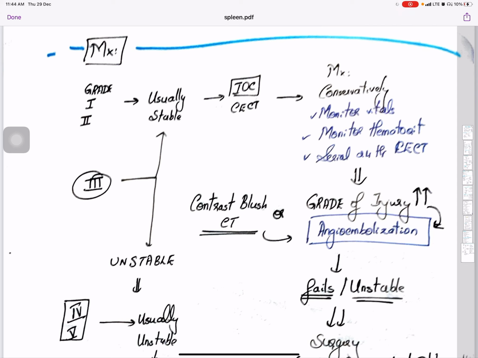Yeah, you can draw this. Grade 1, grade 2. Various grades of splenic injury diagram you can draw. This diagram of page 691. Yeah, management we have to do.